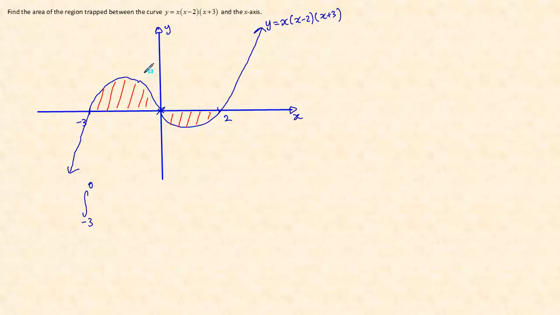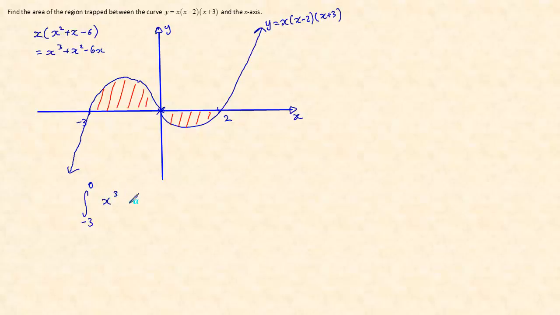We could do with expanding this out. So we have x squared minus 2x plus 3x, so that's plus x, take away 6, so that's going to give us x cubed plus x squared minus 6x.